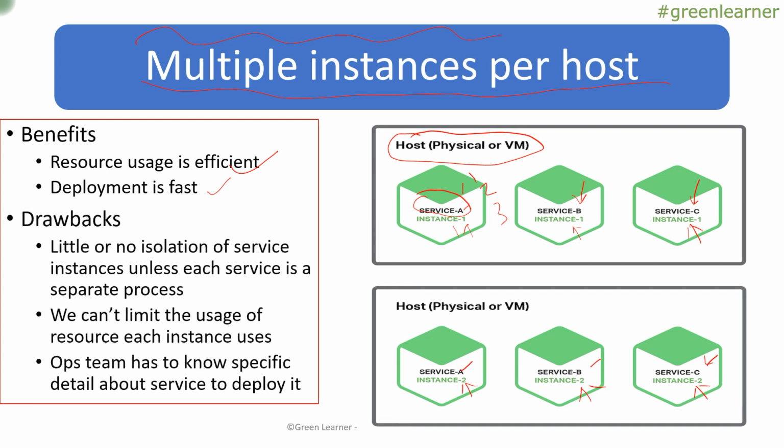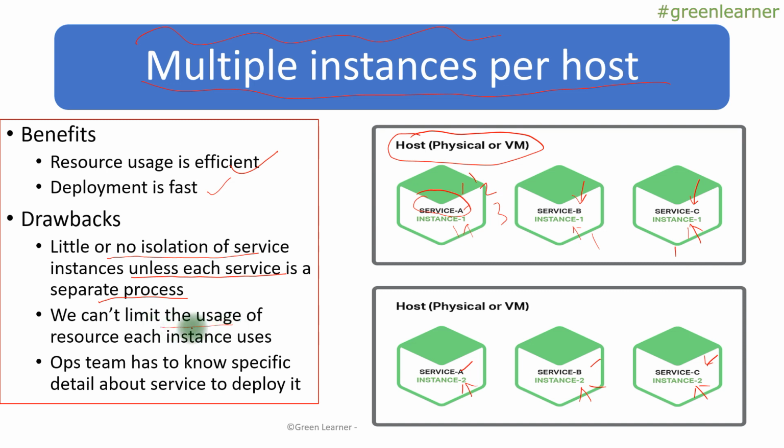And there are many drawbacks of this pattern. It has little or no isolation of service instances unless each service is a separate process. If we are running these instances in a single process, then okay. Otherwise, if we are just starting those instances, then there is no isolation among the first instance, second instance, and third instance. This is the major drawback of this one.